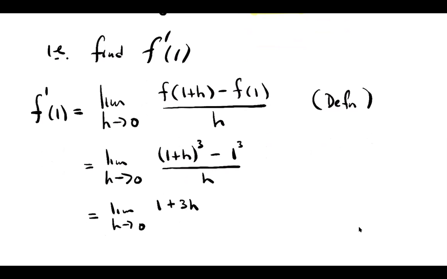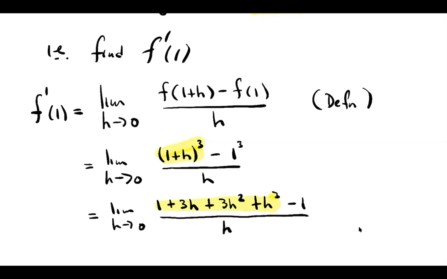And then you're going to get 3 times 1 times h squared. And then you'd get an h cubed. Just to give you a color coding, this 1 plus h cubed expands out into those things. Maybe come to my office hour and we can talk about how to do that. We can talk about something really cool called Pascal's triangle too, if you've never seen it. It's a neat way to expand those things. But to keep this video short, I'm just going to keep going.